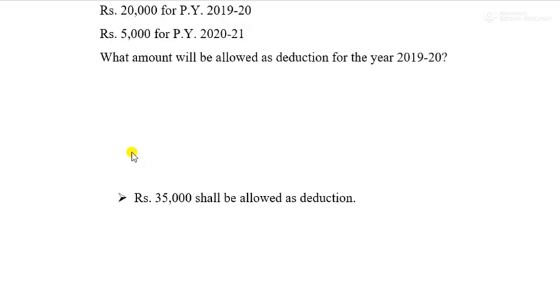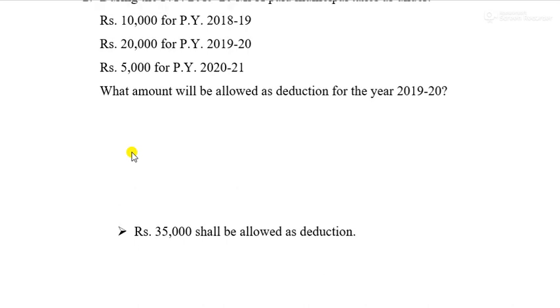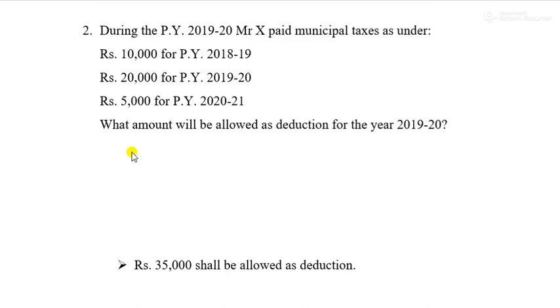So rupees 35,000 shall be allowed as deduction. Along with the solution, it will be very good for you if you write the explanation. It will help you to remember it. The explanation will be that municipal taxes are deducted on payment basis, and it is irrelevant what year the assessee is paying for.